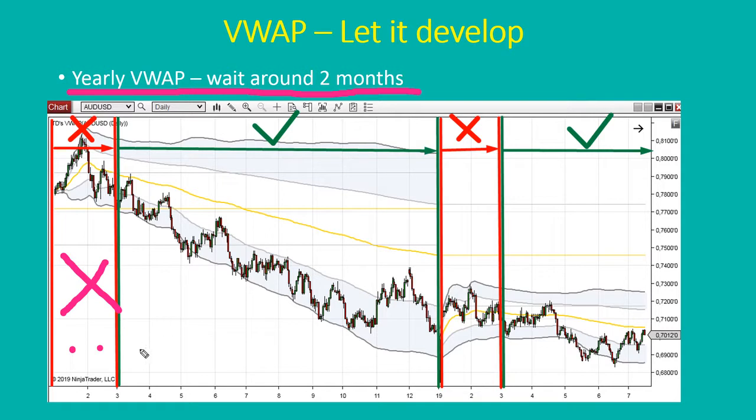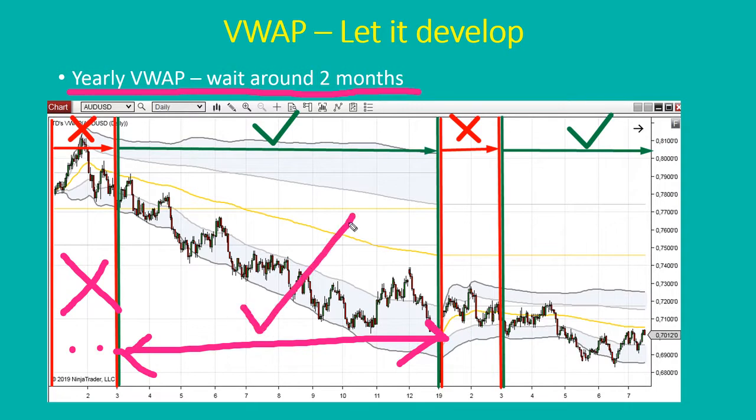Then the rest of the year, this whole period, the yearly VWAP is fully developed and you can use it for your trading. Alright? Then there is the next year, January, February. Don't use the yearly VWAP. Afterwards, the rest of the year, it's okay to use it because it's fully developed.